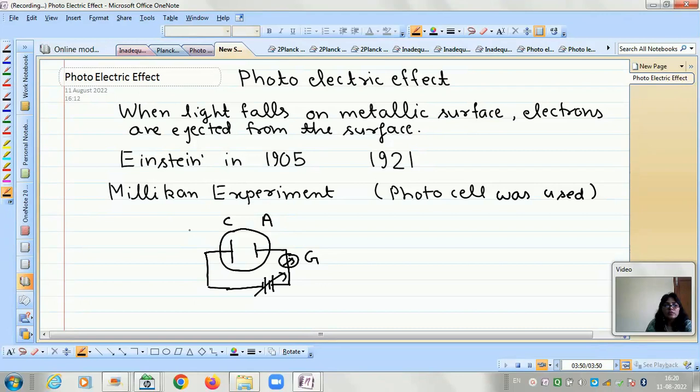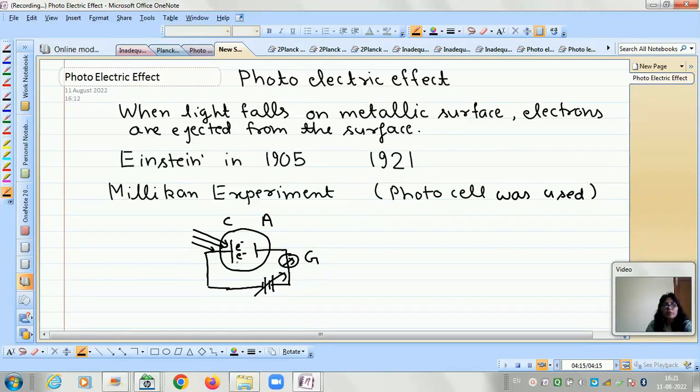So when light is allowed to fall on the metal surface or the photocathode, then some electrons are ejected from this metallic surface. And at zero potential, there may be some kinetic energy depending on the frequency.